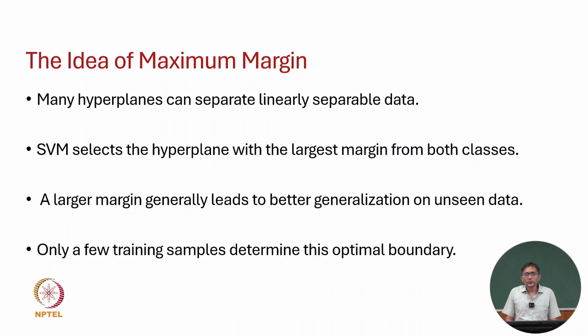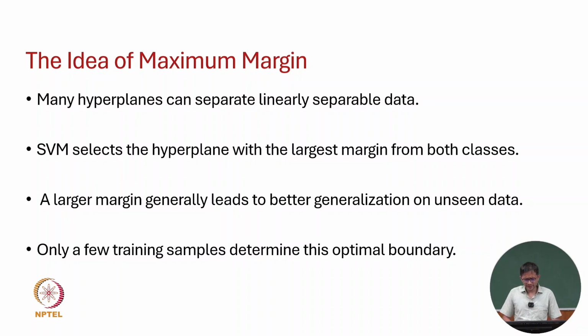So to talk a bit more about the idea of maximum margin. Let's assume to start with that we have two classes and our data is linearly separable. This would mean many hyperplanes can actually separate our linearly separable data.